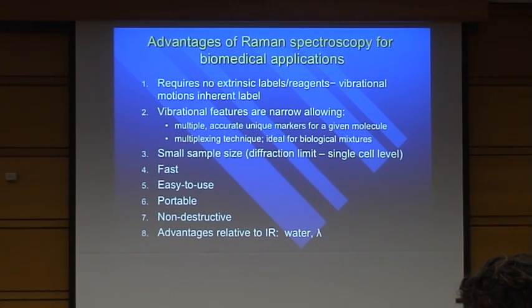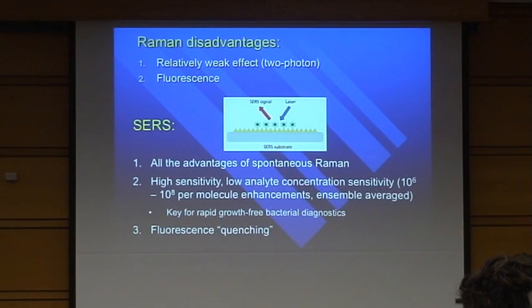In principle, once you interrogate the material by light, it's not resonant, and you can interrogate that material by other techniques. And it has certain advantages relative to IR, in particular the diffraction limit, wavelength size, and also some limitations of water. Water is much more of a problem for the infrared than for Raman spectroscopy of biological fluid.